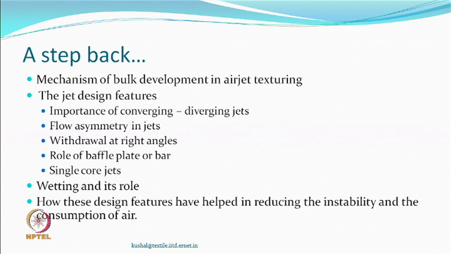We also learnt about wetting, edge texturing and its role, and also how some of these design features have helped in reducing the instability and maybe the consumption of air.